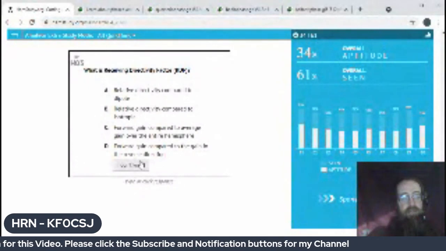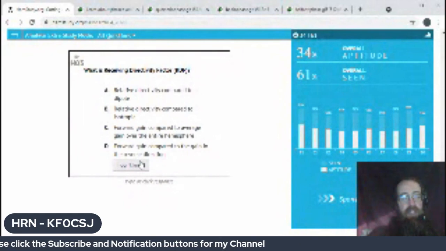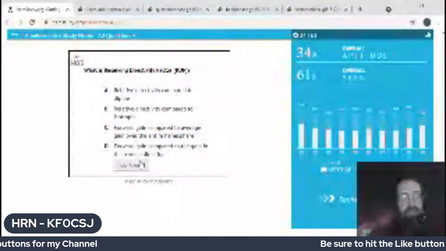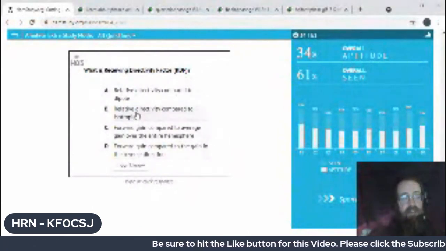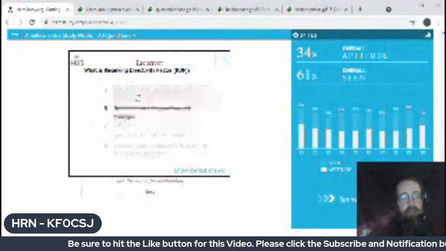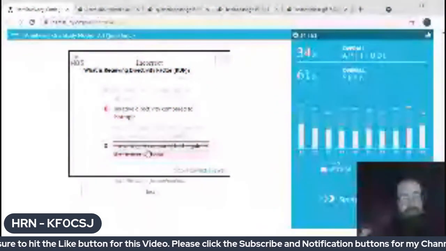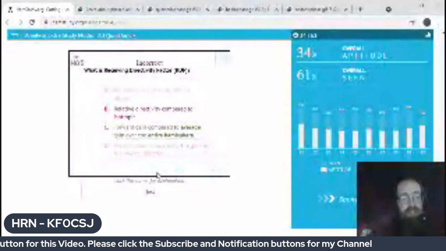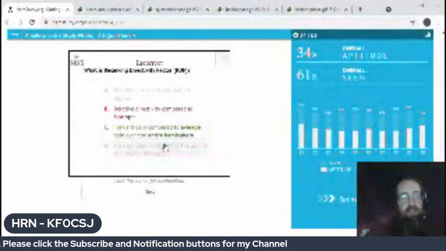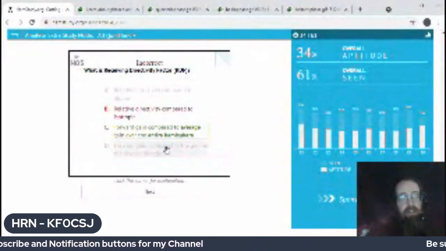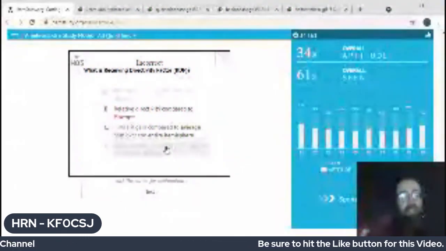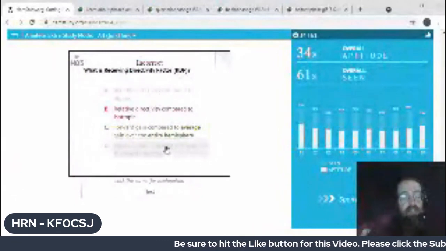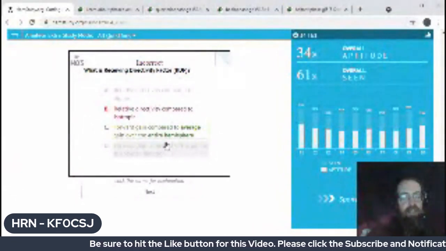D: Forward gain compared to the gain in the reverse direction. I'm going to go with B. Nope, I was wrong. It is C, forward gain compared to the average gain over the entire hemisphere.